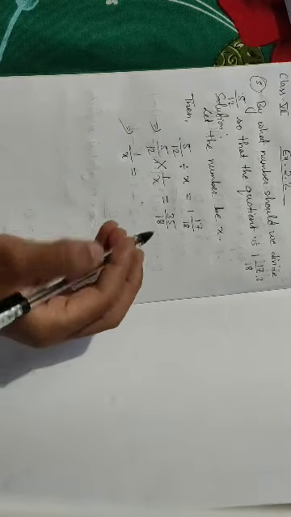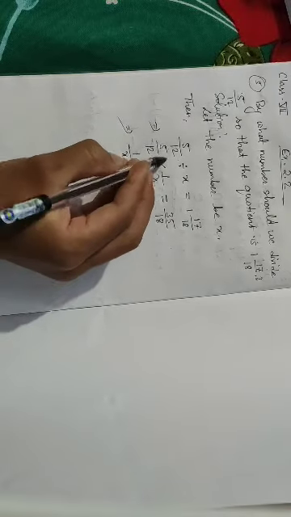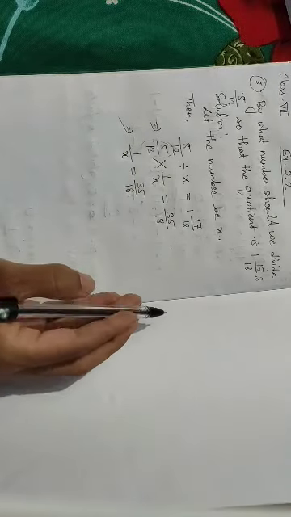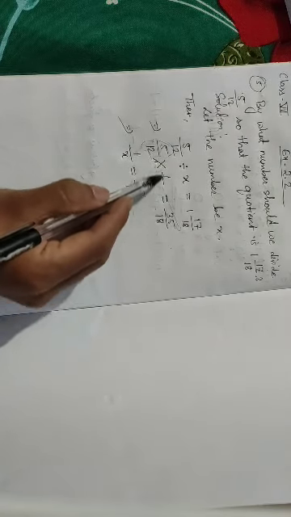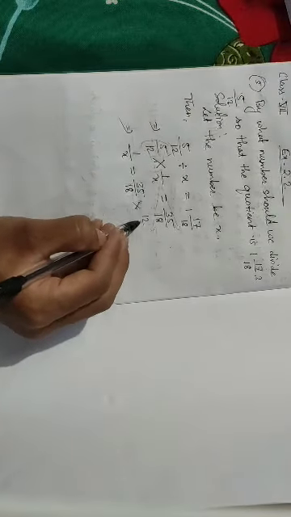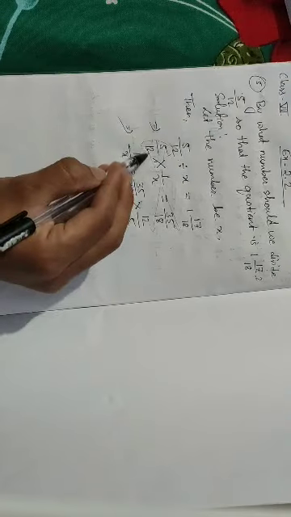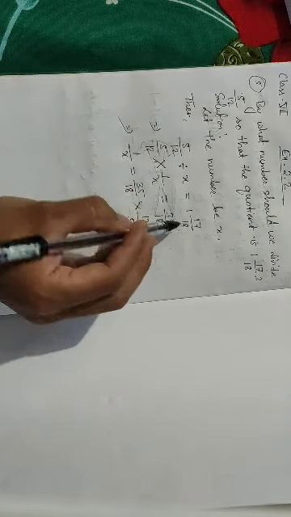This will remain as it is on the right hand side, and the portion we are taking to the right hand side will go as its reciprocal, so the 12 will go up, and this will come down, meaning 12 by 5. Cross multiplication: the denominator goes up to the numerator, the numerator goes down to the denominator.